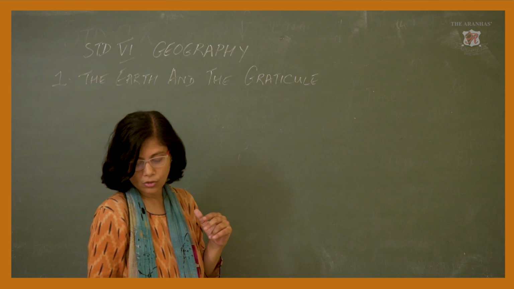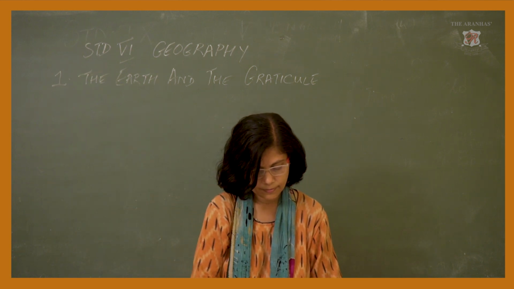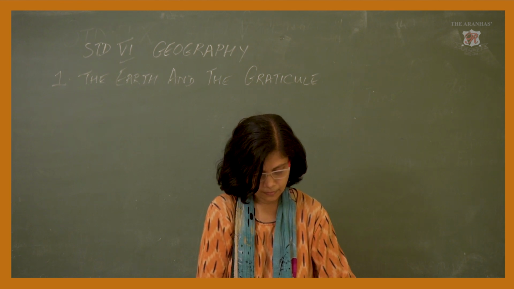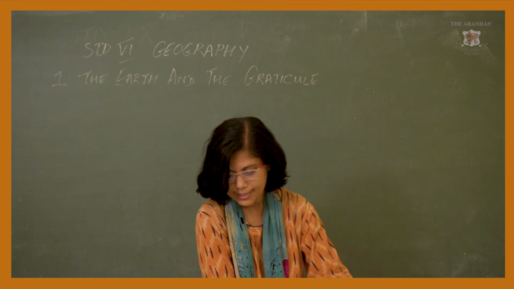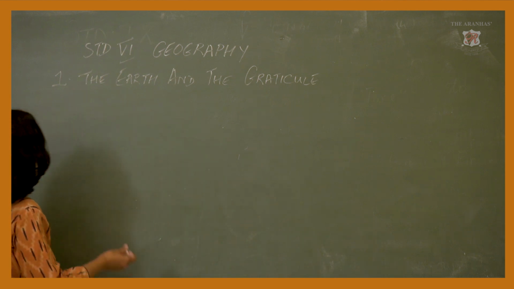Now, how does it look? You have on your page how a graticule looks. It is an intersection of all your latitudes and longitudes.